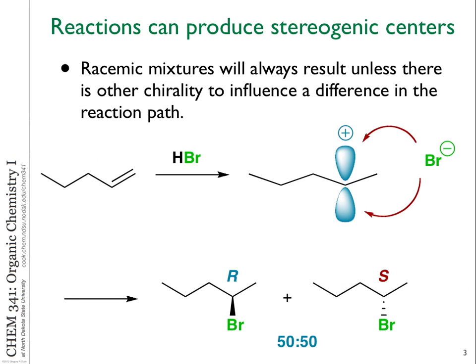We talked briefly, and I'm going to spend a little more time today going through this as well, that when we carry out chemical reactions, we can actually create centers of chirality or stereogenic carbons. The example we looked at on Wednesday was the addition of HBr to a double bond, which initially is flat. So this carbon is sp2 hybridized, right?